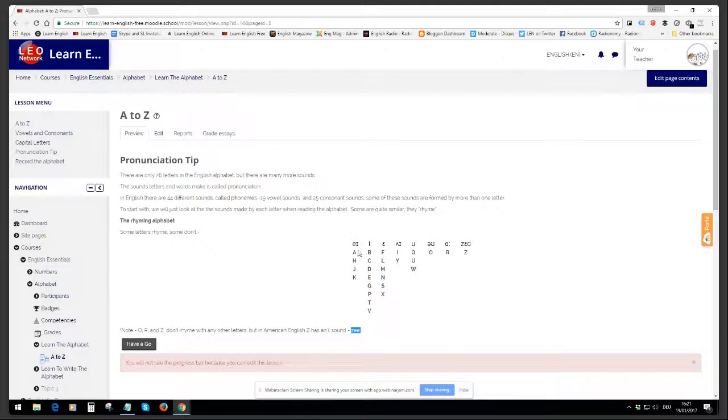Okay. Now these are some of the sounds these letters make. By no means all the sounds. We have 26 letters in the English alphabet, but there are 44 different sounds, 19 vowel sounds, and 25 consonant sounds.